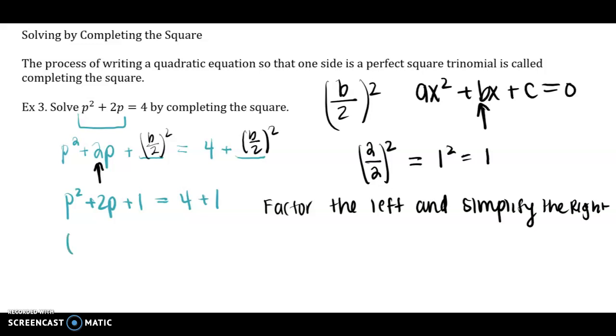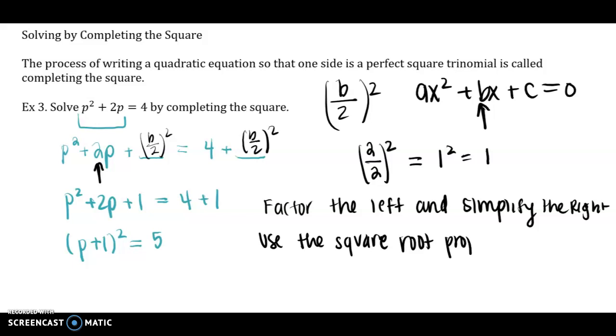If we factor this, this would be p plus 1 squared equals 5. Now notice this is the square root property, so use the square root property. We're going to square root both sides. We need the plus or minus there.